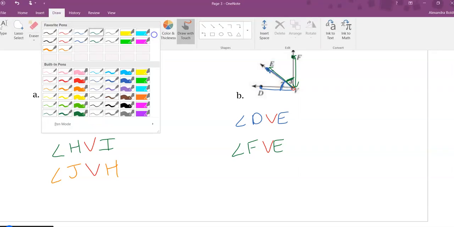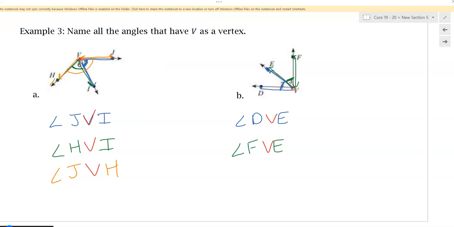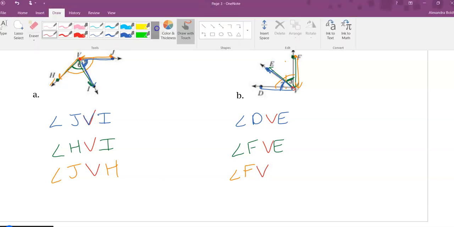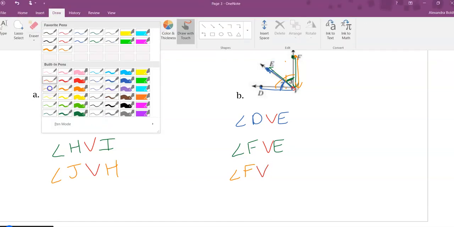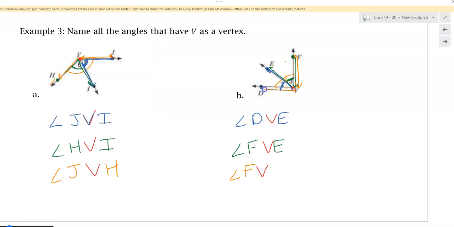And then same thing, I can go all the way across. So I could start at F, why not? I have to go to my vertex, V. And then I have to go all the way to D. So that's this whole way across here. Okay? So those are the 3 angles that have V as a vertex.